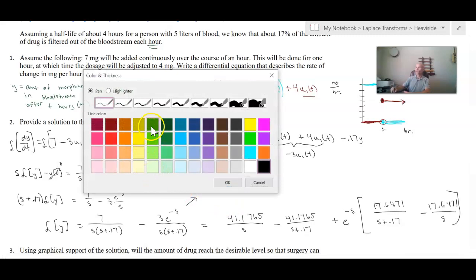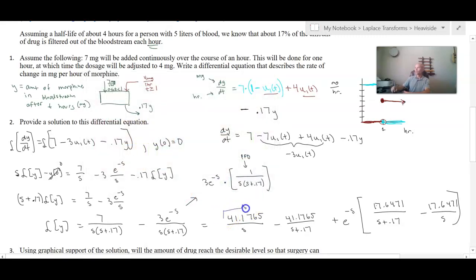This first term right here is going to invert into, well, what we know that the inverse Laplace of 1 over s is 1. So this is just going to end up being a constant term. This right here is going to invert into, I'm going to put the minus sign there so I don't forget, 41.1765 e to the negative 0.17 t.